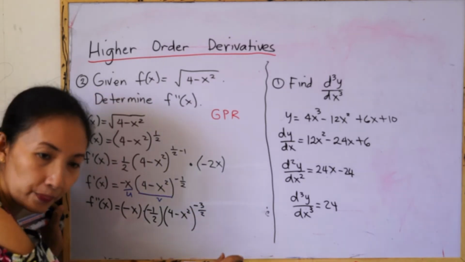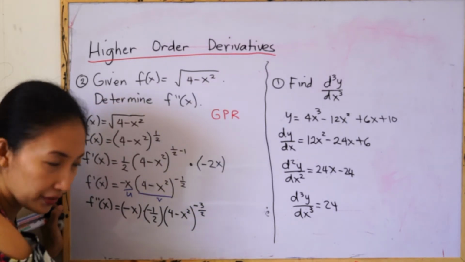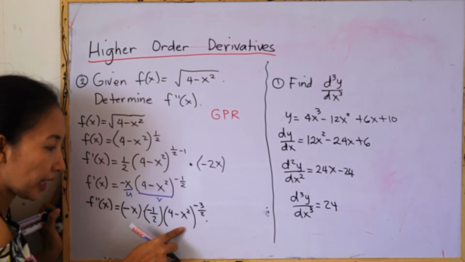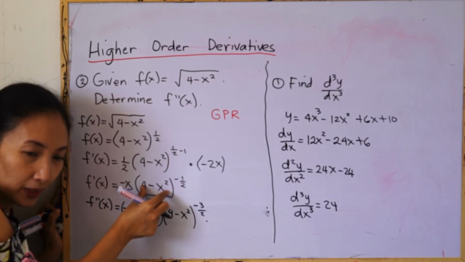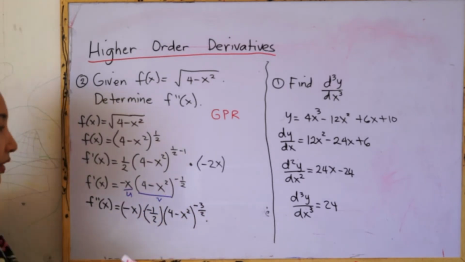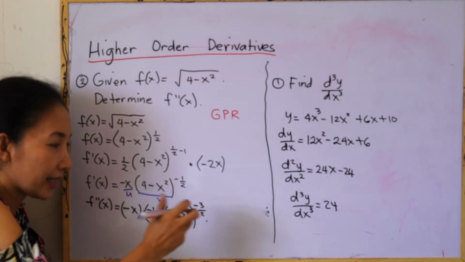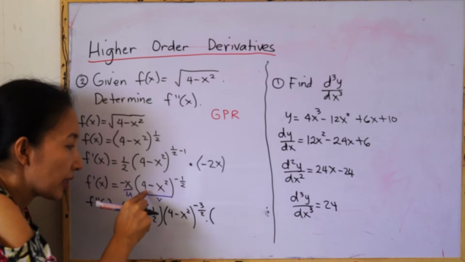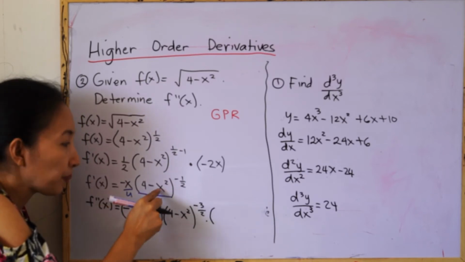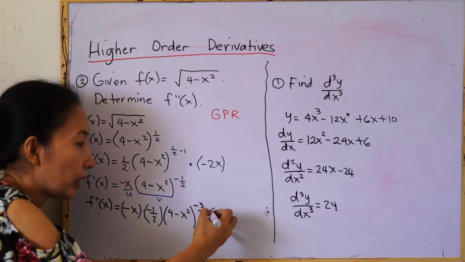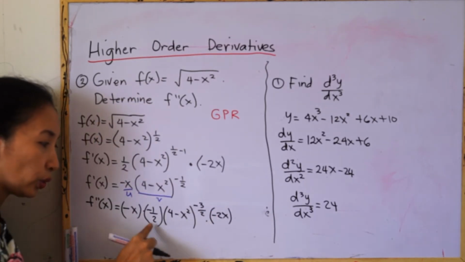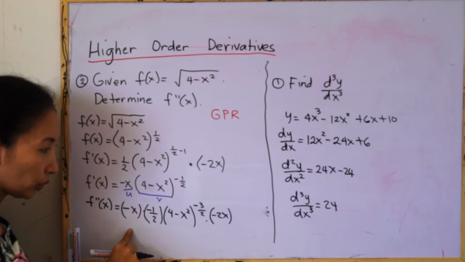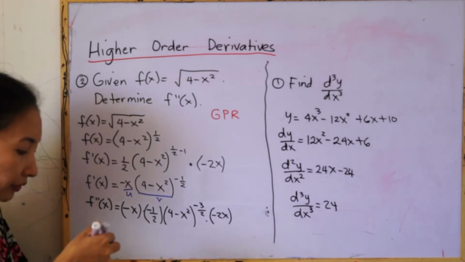Can you follow? Negative 3/2 times, take note, this is still differentiable, so we still have to differentiate 4 minus x squared, which is 0 for the derivative of 4, and negative 2x for the derivative of negative x squared. This is just your u dv.